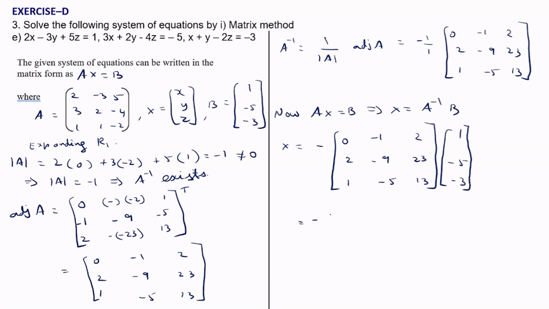So this is equal to minus of 0 plus 5 minus 6, and next it is 2 plus 45 minus 69, and then it is 1 plus 25 minus 39.